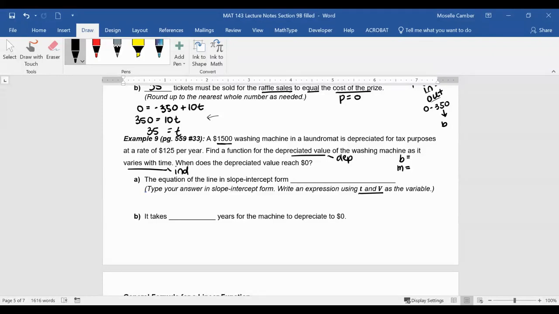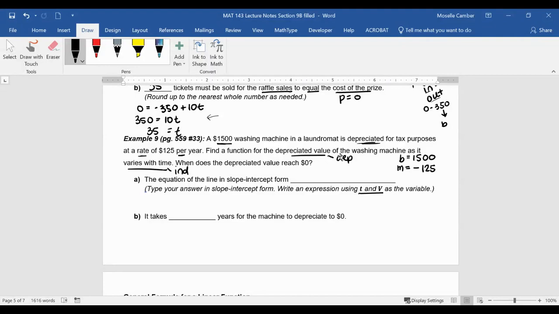So there's a $1,500 washing machine that is then depreciated. So 1,500 is our initial, and our slope, we see that it's depreciated for tax purposes at a rate of 125 per year. So my slope would be negative because it's depreciating $125 per year. And per year is a 1, so it's just divided by 1, which is the same thing.